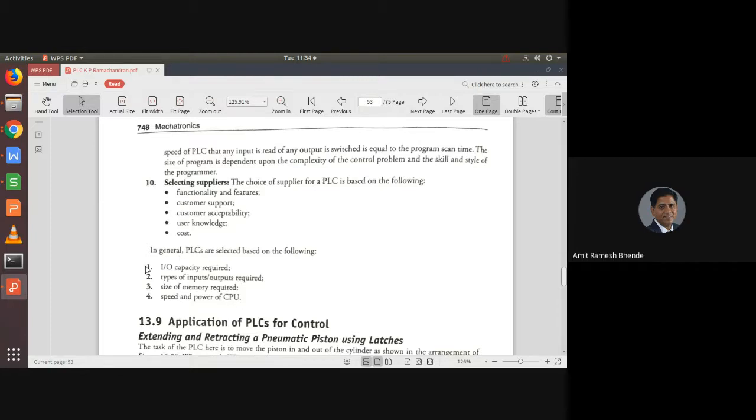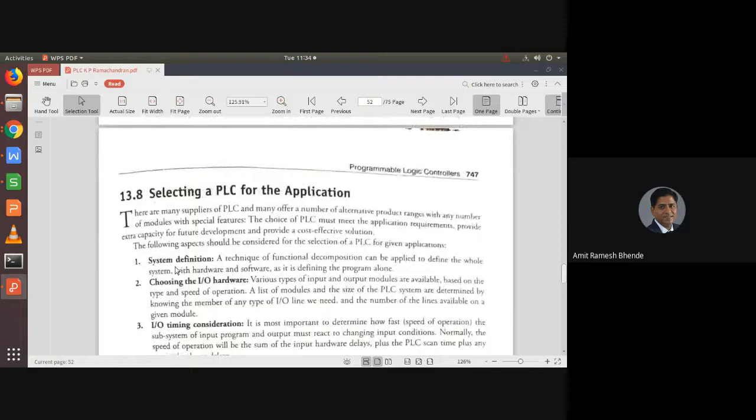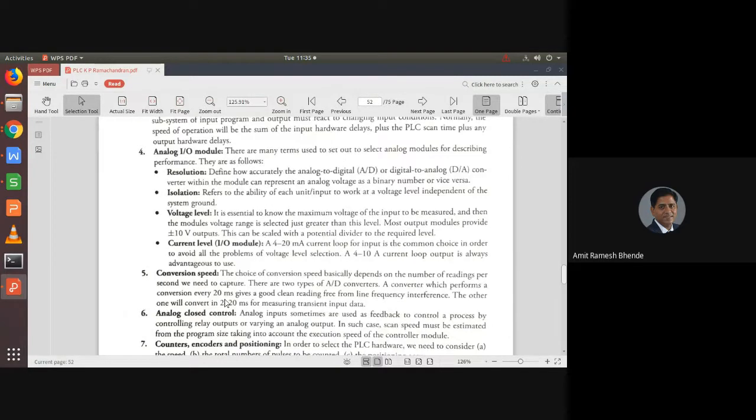So all these 10 points which we have seen for PLC selection are categorized into these four categories. So this is how PLC hardware can be selected for any application.